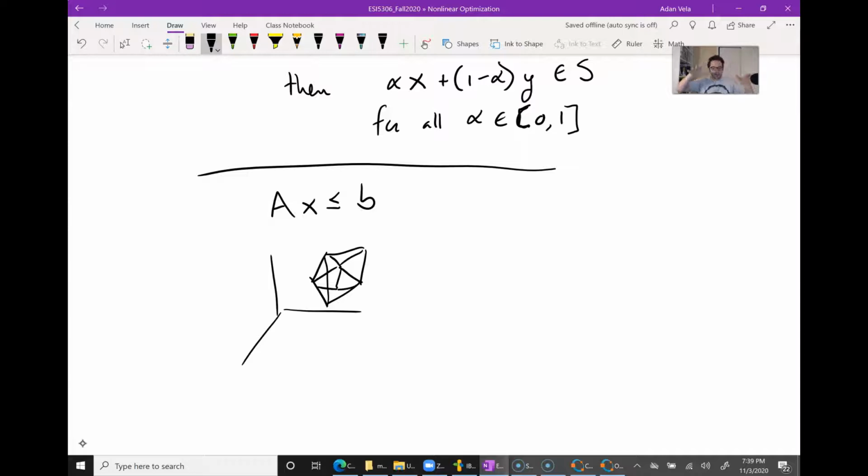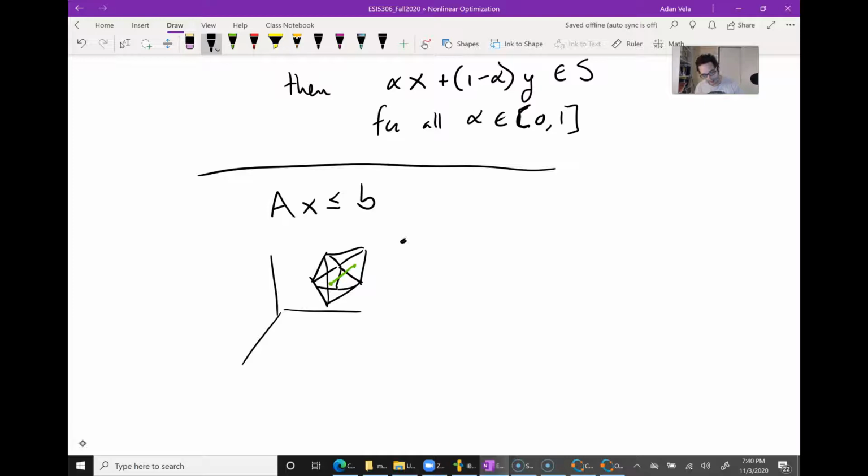But basically we'd have a lot of hyperplanes that would create this polyhedra shape. Now, the neat thing about these polyhedra shapes is that any set of linear constraints is also convex.